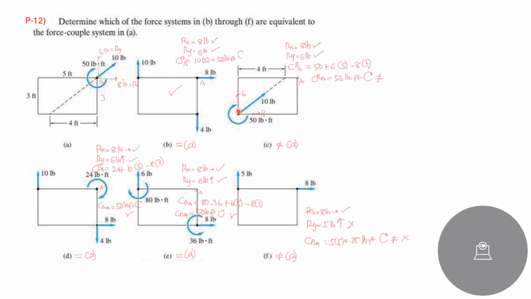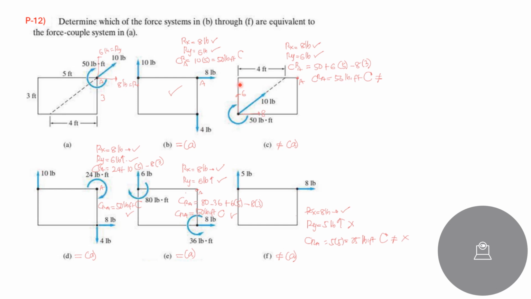At C, the Rx is 10 times the same, 4 over 5, so 8 pounds, check. Ry is 10 times 3 over 5, so upward, check. The couple is 50 since there is moment at A, so we consider clockwise positive because for the system at A, the couple is clockwise. So it's already 50. You can transfer 50 there at A automatically.